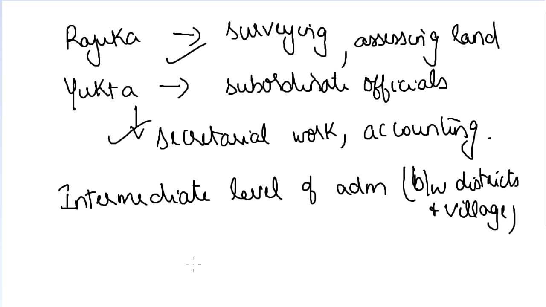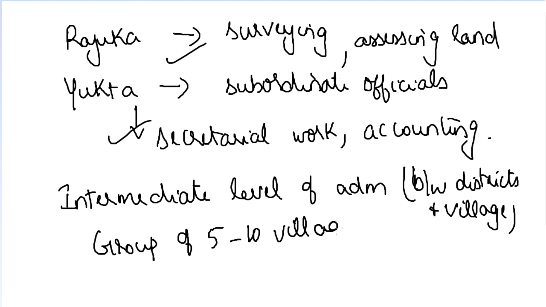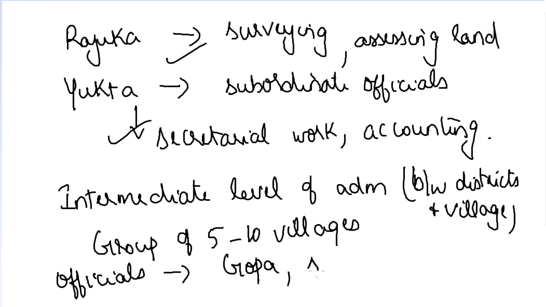The unit here was formed by a group of 5 to 10 villages, and there were two important officials concerned with the administration of these units, that is Gopa and Sthanika.